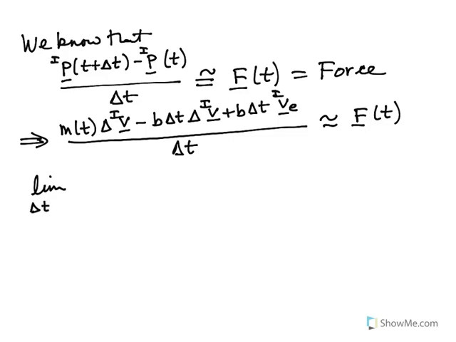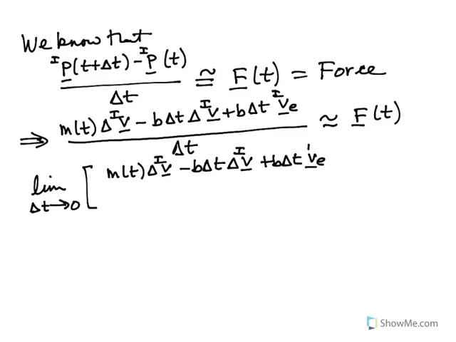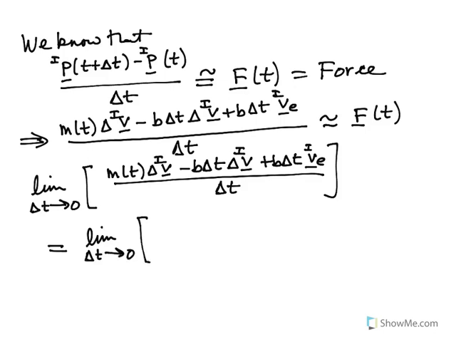So if we take the limit as delta t approaches 0 of m of t delta vi minus b delta t delta vi plus b delta t times vei, all divided by delta t, that's equal to the limit as delta t approaches 0 of m of t times delta vi over delta t, minus b times delta vi, plus b times vei.